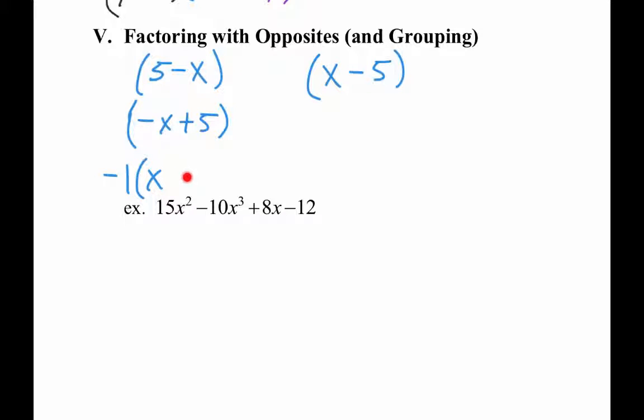Negative 1 times what would give me a positive 5? Negative 5. So do you agree if I have this negative 1 here, I can make this look the same as that? And that's going to come up down below when we do this factoring with opposites.